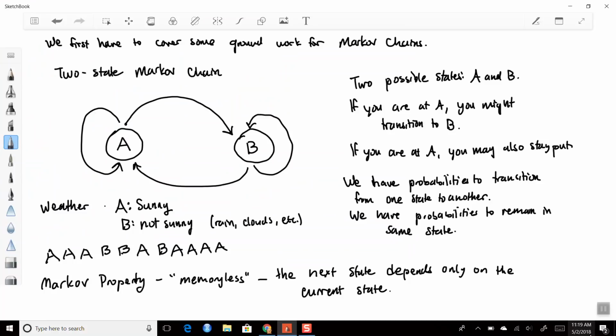So we're not going to try to understand all of meteorology, but we're just going to say, based on today's weather, we can try to predict what's going to happen tomorrow. And we're going to say tomorrow's weather only depends on the weather today, not the weather from a week ago or something.